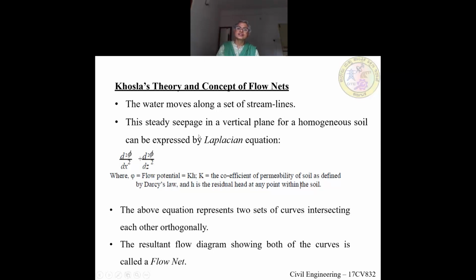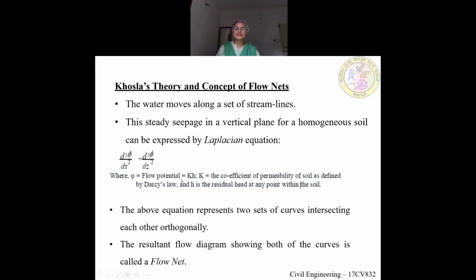This theory is also based on the concept that water moves along a set of streamlines or flow lines. The steady seepage in the vertical plane of a homogeneous soil can be expressed by the Laplace equation, that is, ∂²φ/∂x² + ∂²φ/∂z² = 0, where x and z are the two directions parallel to the plane, whereas y is perpendicular to the plane, and we are not taking the y direction here.